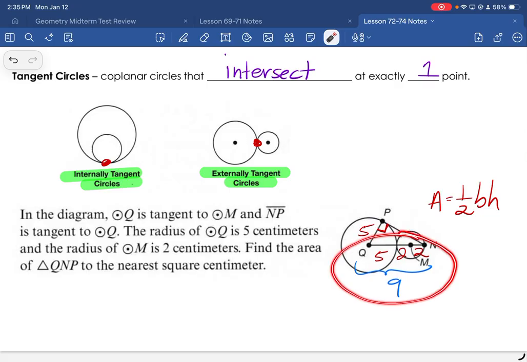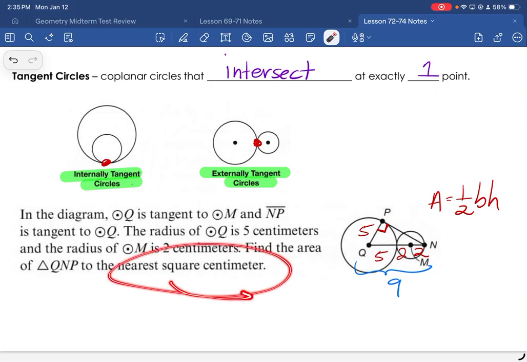I got 7.48 for the height. And I did that times 5, and I got 37.416. Divide that by 2, got 18.70, and then round to the nearest square centimeter. 19 centimeters. That's the answer. Not really. 19 centimeters squared. It's area.